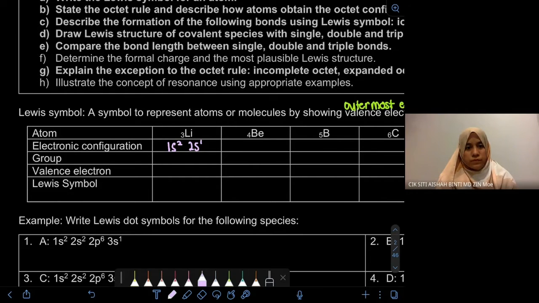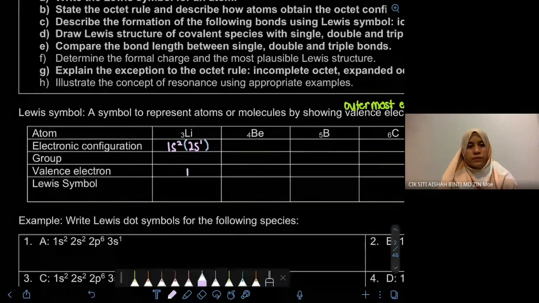Okay. So bila dia tanya what is the group. Okay, group ni kita kena depends on the valence electron itself lah. Okay, so valence electron, it is your outermost electron which is your highest shell. So bila kita tengok based on our electronic configuration tu, this is our valence electron. So bila kita tengok how much is the valence electron kita ada 1.